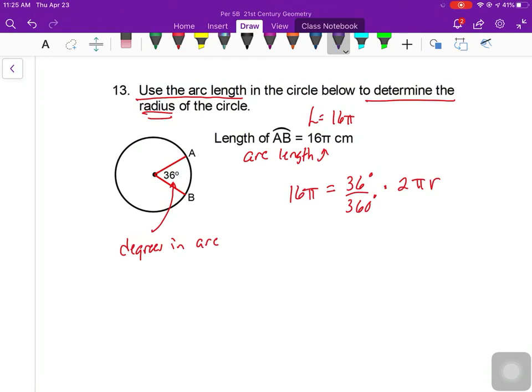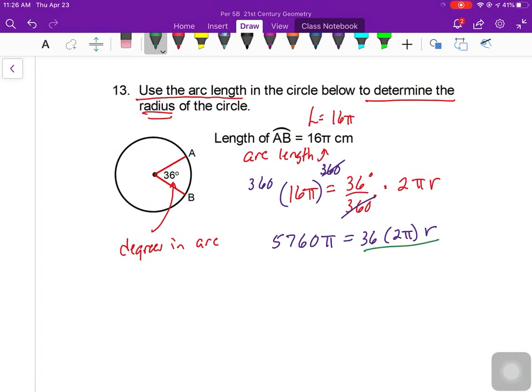Every time you have a problem like this where you have that fraction, I suggest you eliminate fractions. We would eliminate fractions by multiplying by 360 on both sides. On the right side here, we'd still be able to take 36 times 2 pi times r, and over here 360 times 16 gives us 5,760 pi.